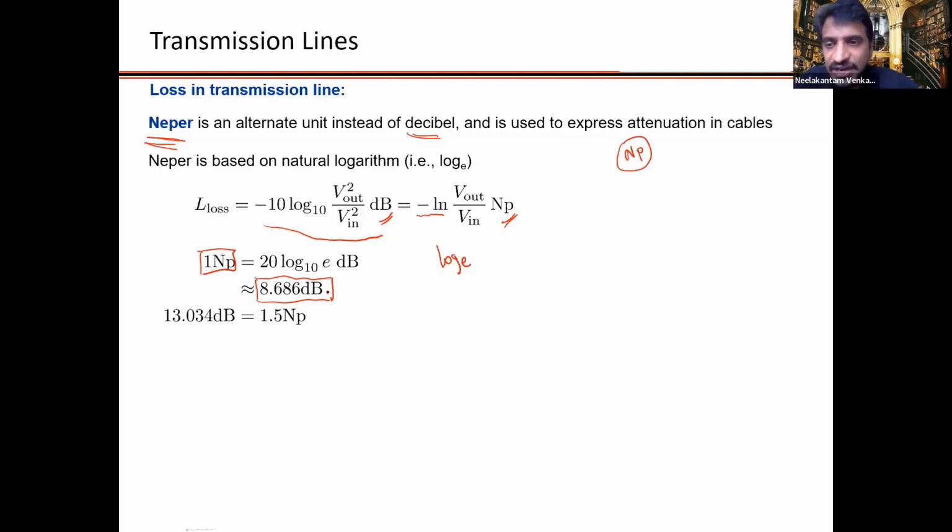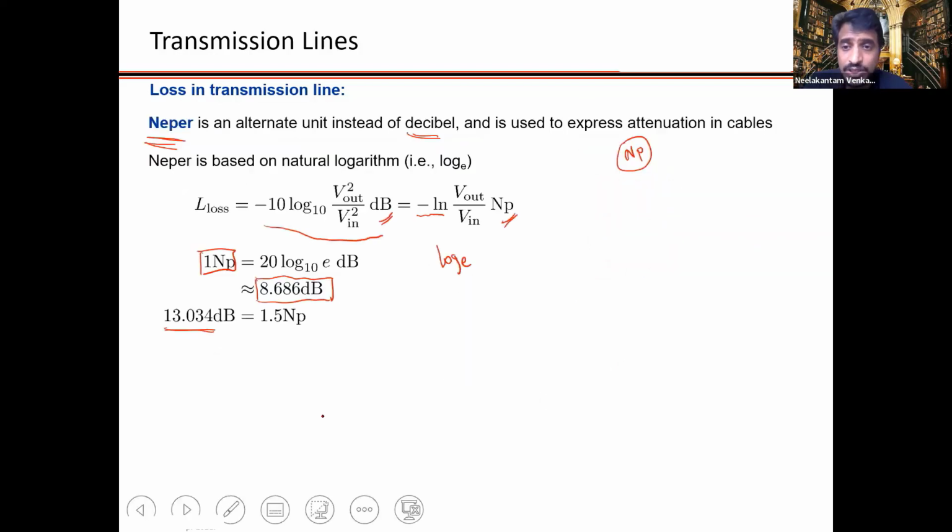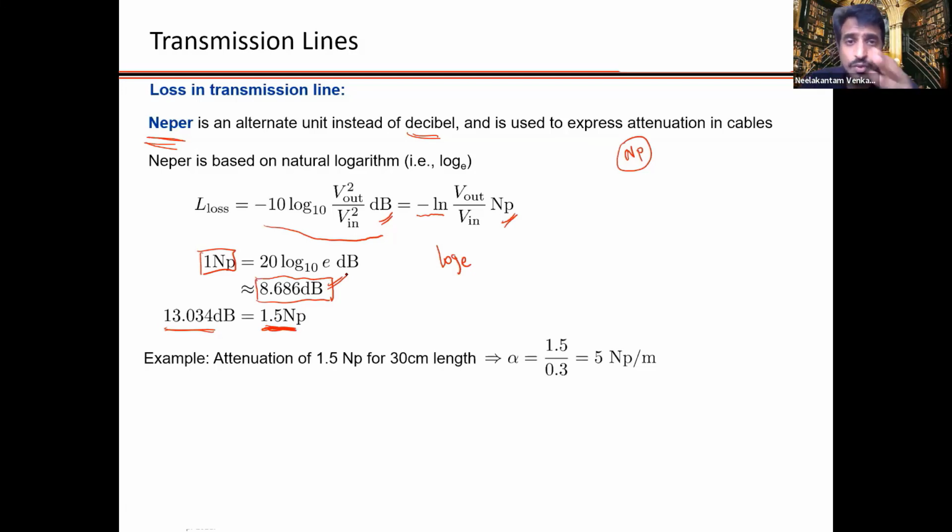Previously we had 13.04 dB as the loss. If you convert it to nepers, it's going to be 1.5 nepers. For example, these 1.5 nepers can happen over a 30 centimeter cable.